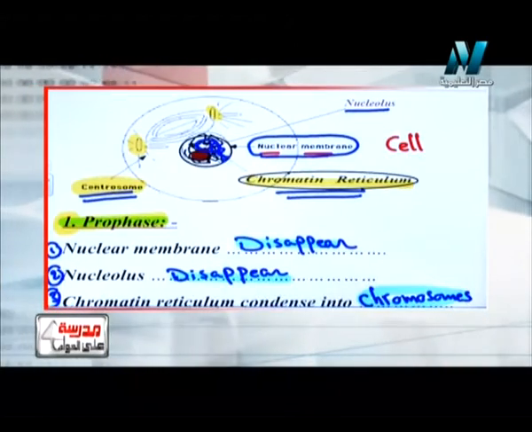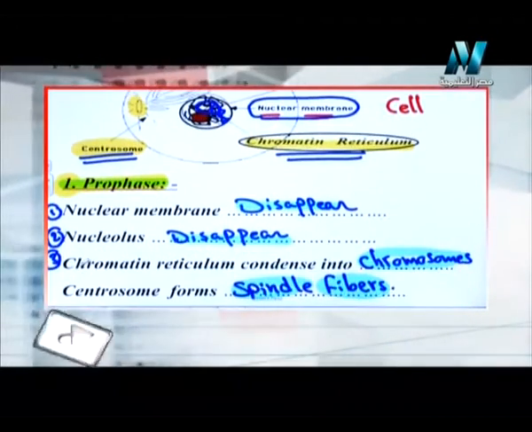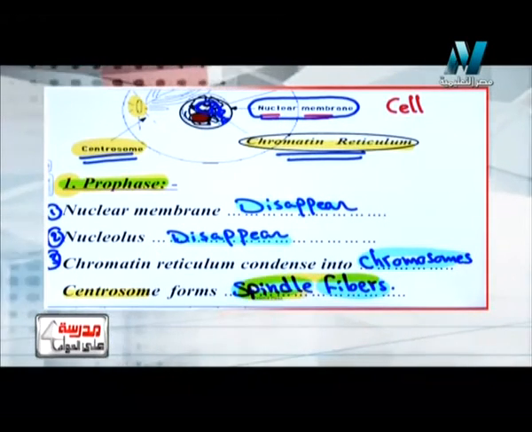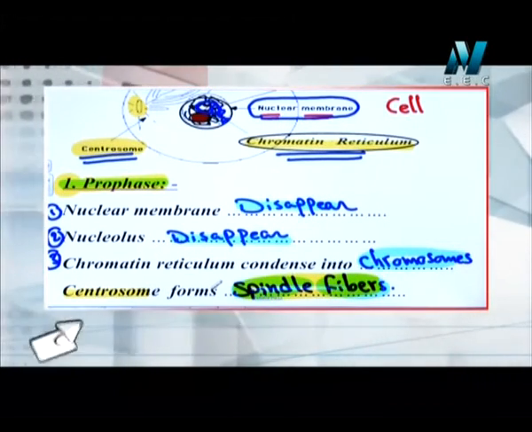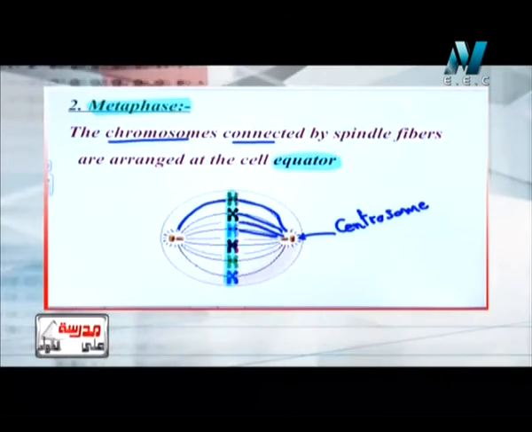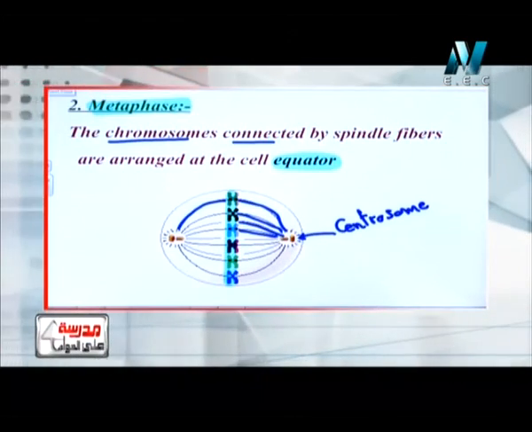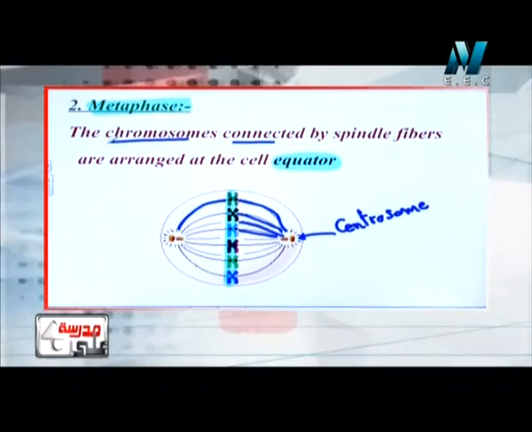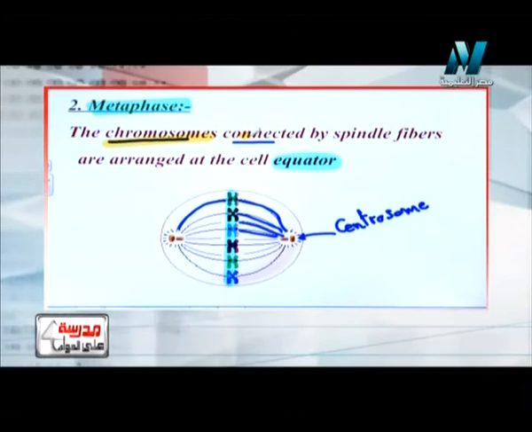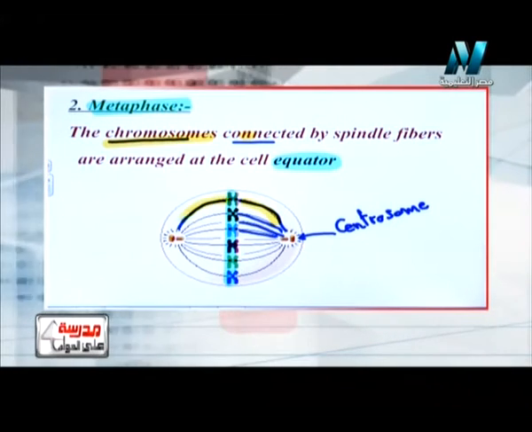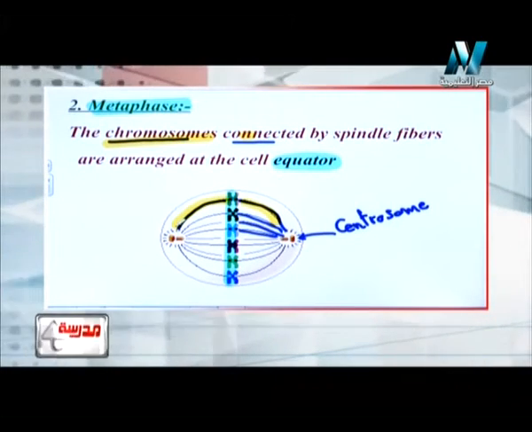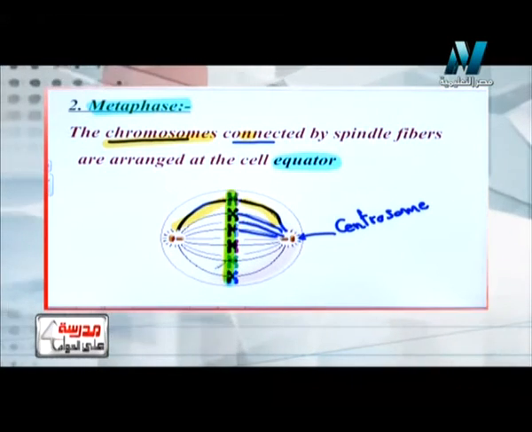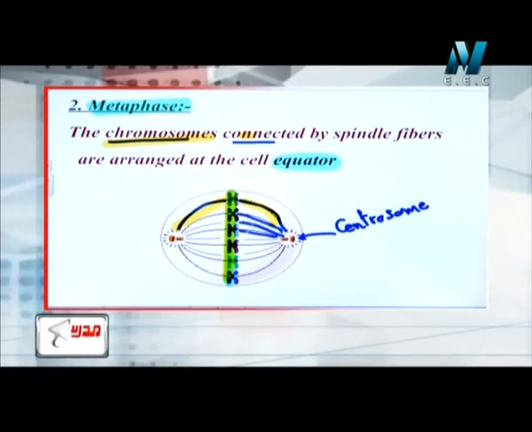So in metaphase the chromosomes are connected by spindle fibers and arranged at the cell equator.